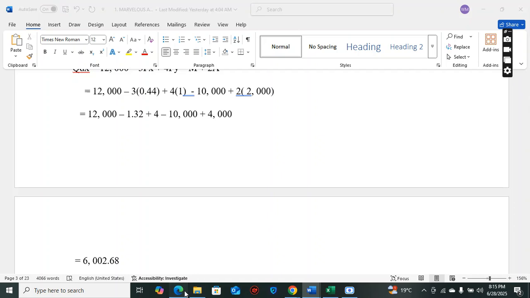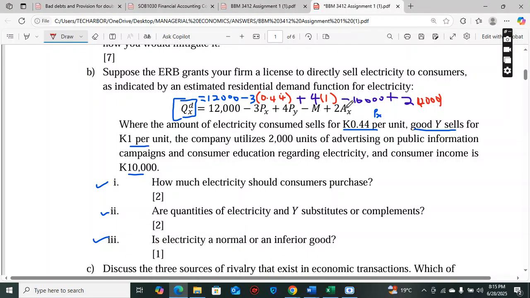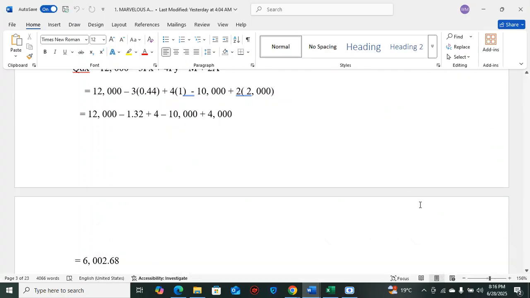It's 8,000. Let's see. Here it's two, so two times 2,000. Yes, yes. So two times 2,000, then you get 4,000. Okay, then try this tabulation again. Let's see what you get.